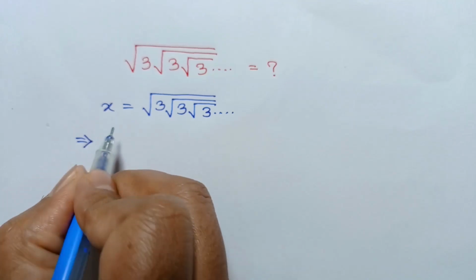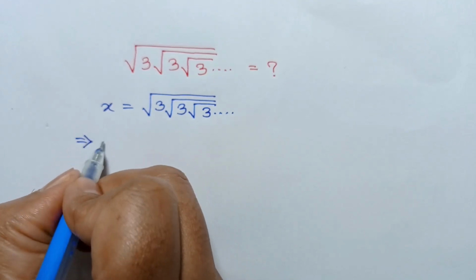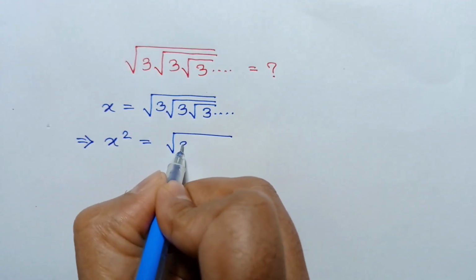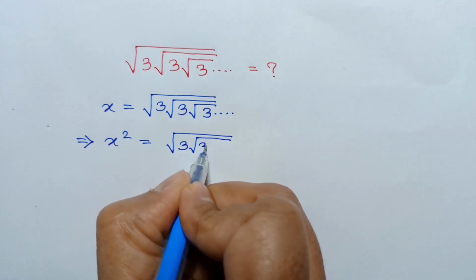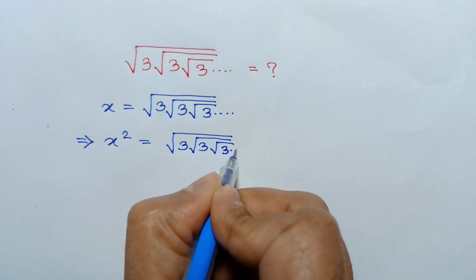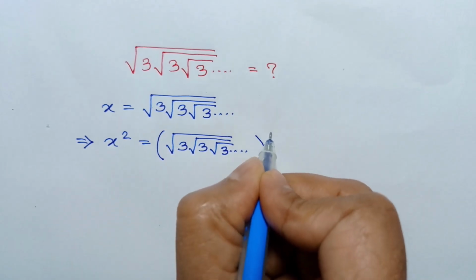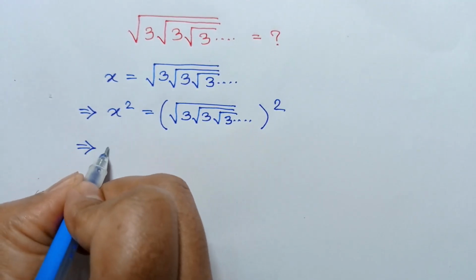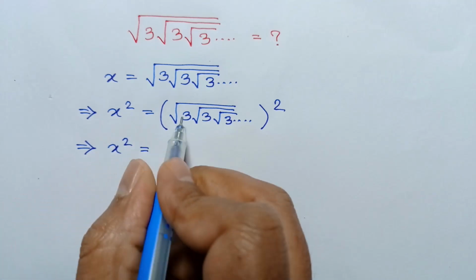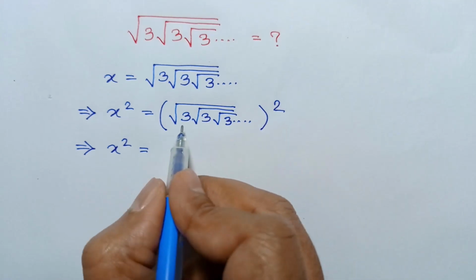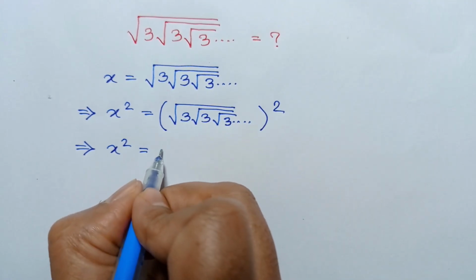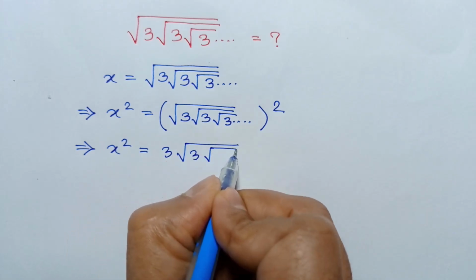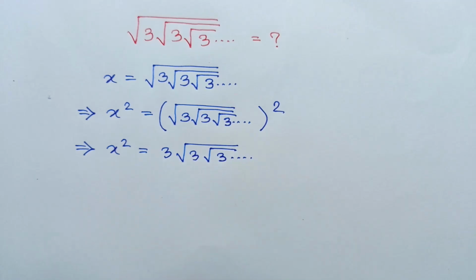Taking square on both sides, we can write x² is equal to (√(3√(3√3)) up to infinity)². The square root and this square will cancel out, so it will remain 3 times √(3√3) and up to infinity.